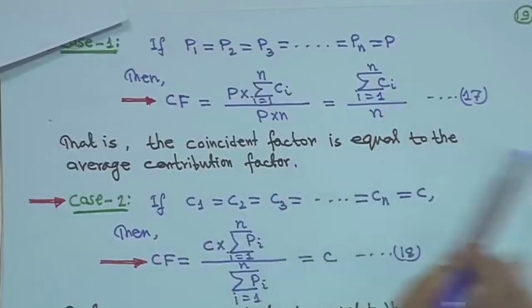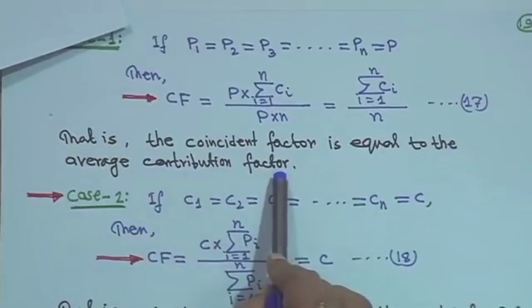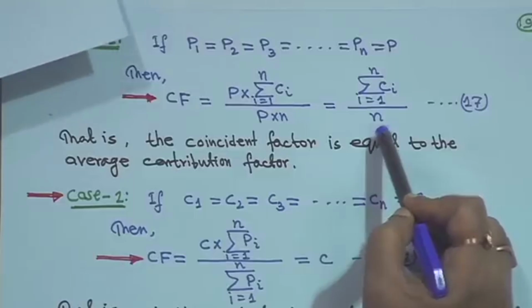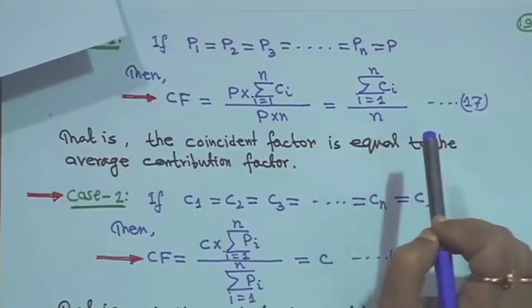The coincident factor in this case is equal to the average contribution factor, that is, the sum of all divided by n.